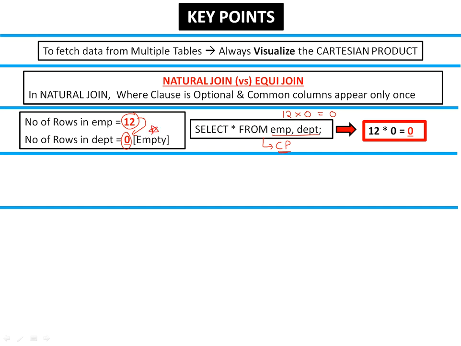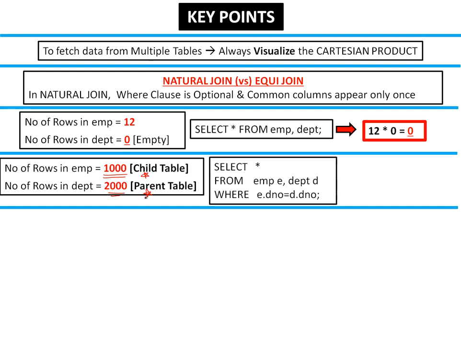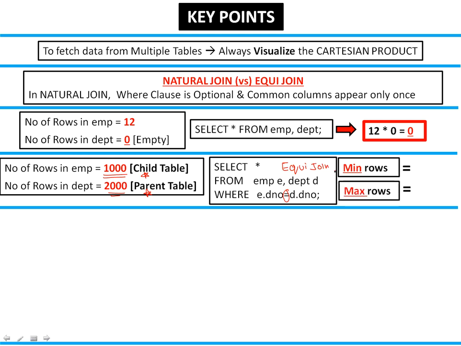Next, there are 1000 rows in child table and 2000 rows in parent table. What kind of join is it? It is the popular join, that is equijoin. Then when minimum comes, when maximum comes. The question is beautiful, guys.